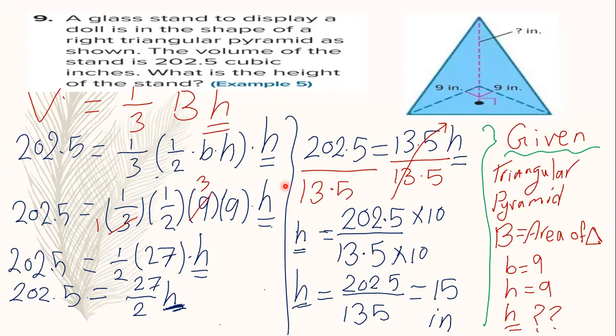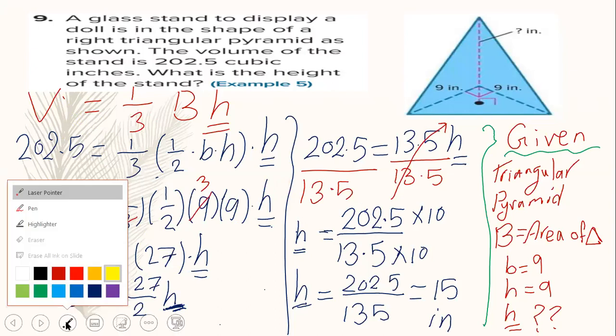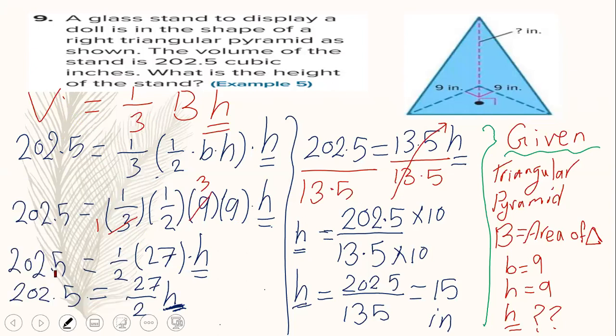Let's look at the figure to highlight the given. This is a triangular pyramid, and the missing dimension is the height. This is h.